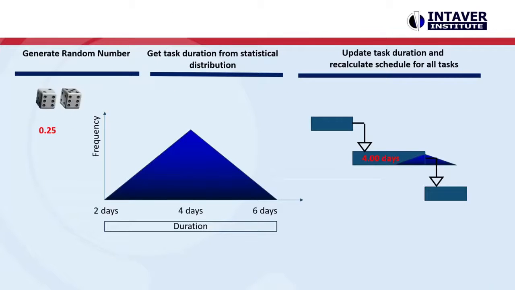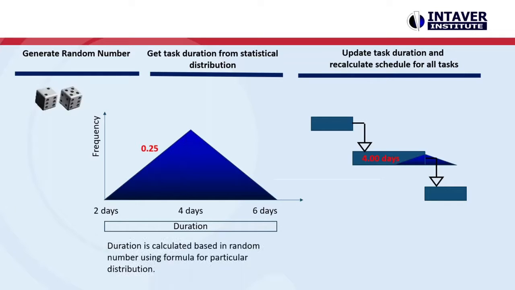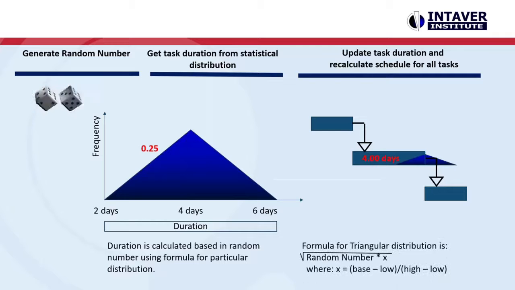So this is a simple visualization of how a Monte Carlo simulation would occur. We have a random number generation. It generates a value. Here we're looking at how random numbers are generated for a triangular distribution.